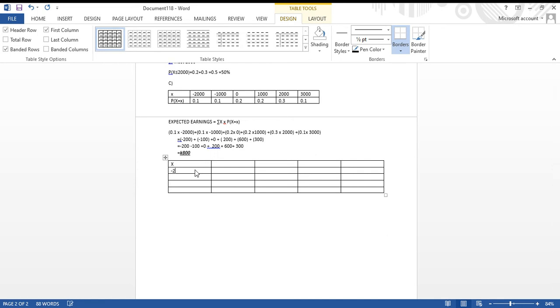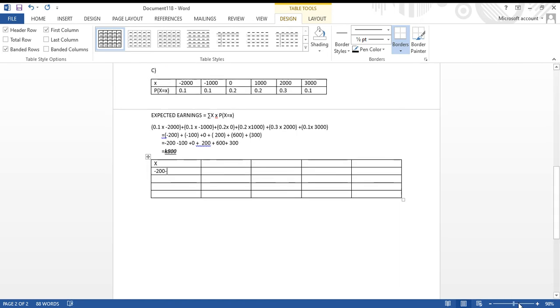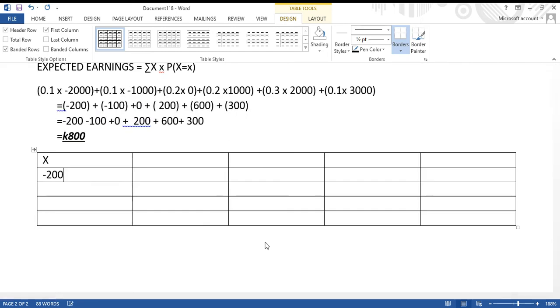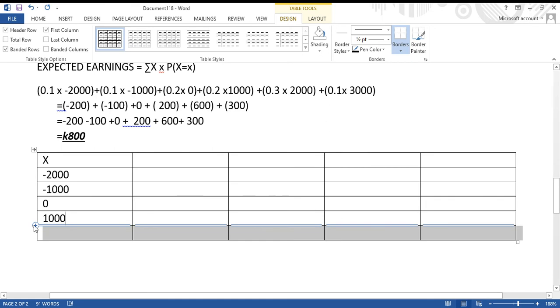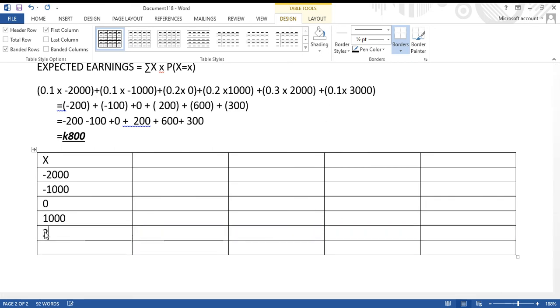So we'll have negative 2000, negative 1000, 0, 1,000, 2,000, 3,000.